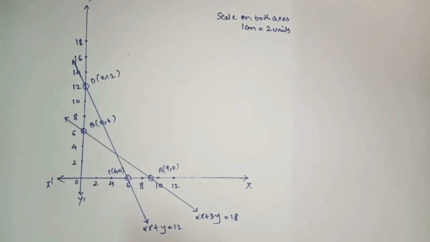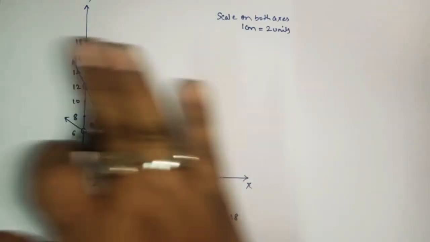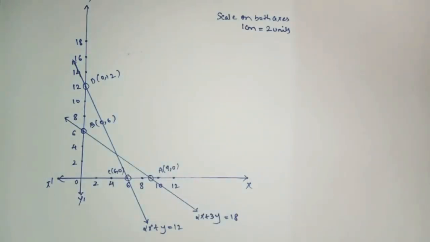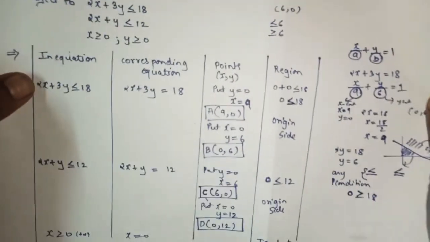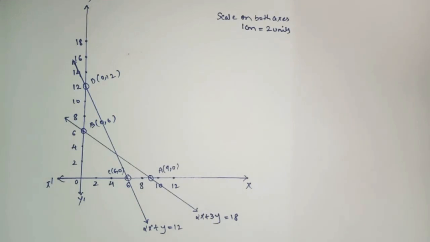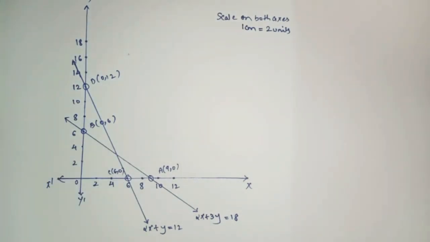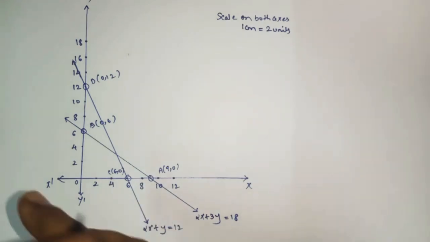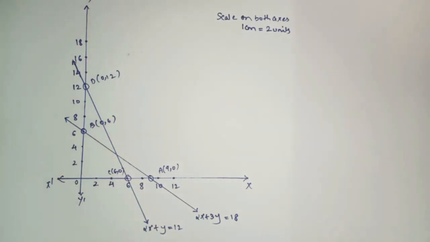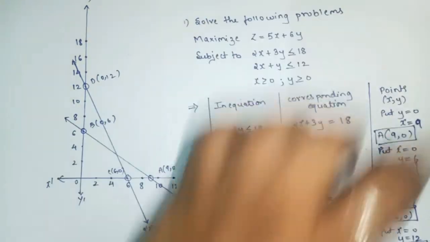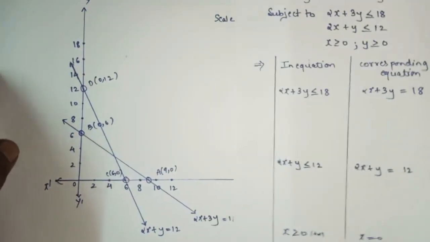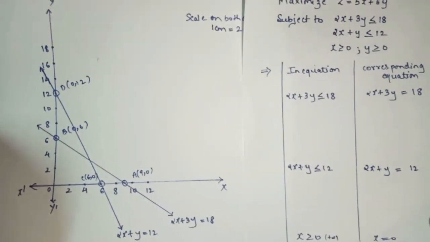As we completed the second step also, let's recap. Step number 1 is what? Table. Step number 2, plot the points and draw the line. And now step number 3 is the challenging part, to show the feasible region. Now see here.